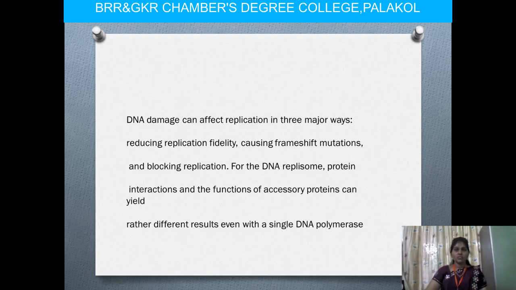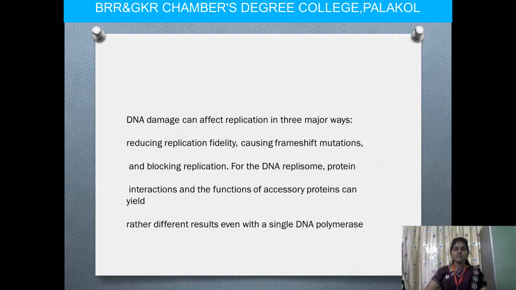Frameshift mutation means, for example, if we have a sequence A B C D E, and it is cut in the middle so that A B is present, C is removed, and D is present, that means removal of some of the sequence, some amino acids in between, and that is called a frameshift mutation.